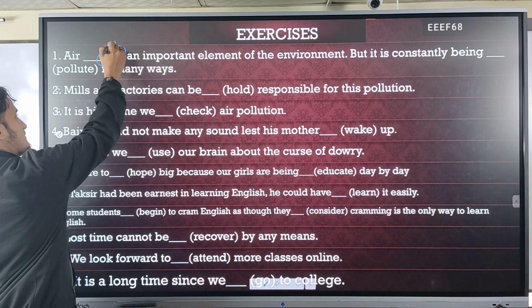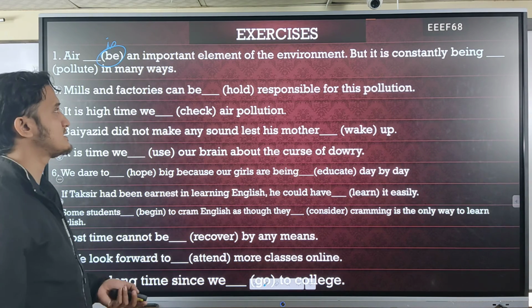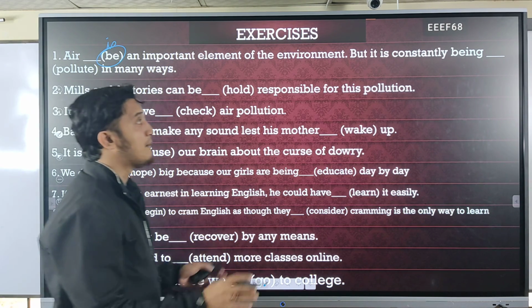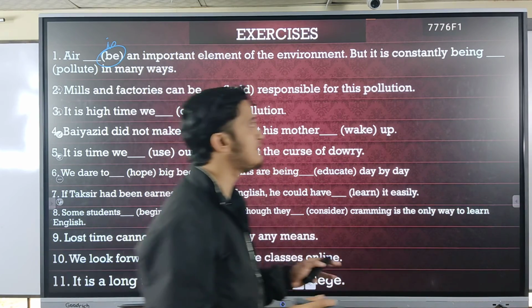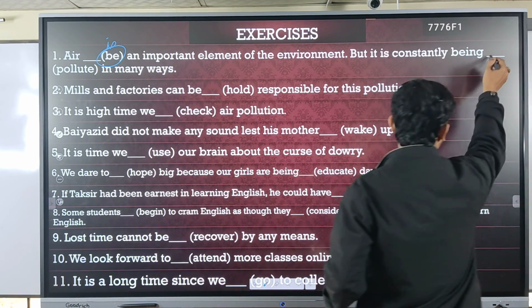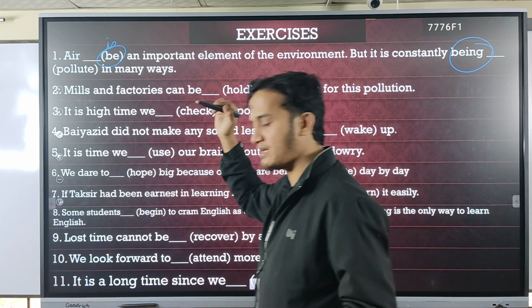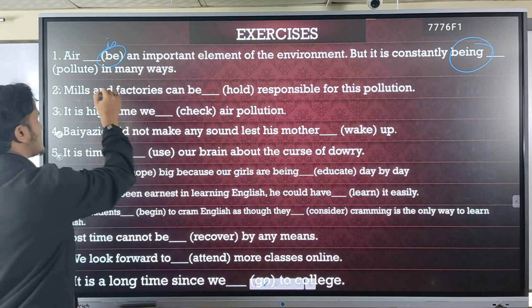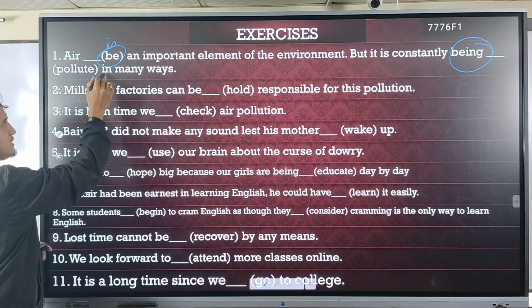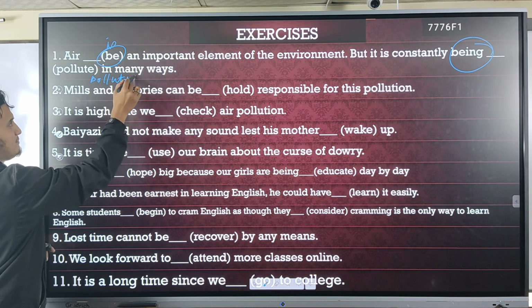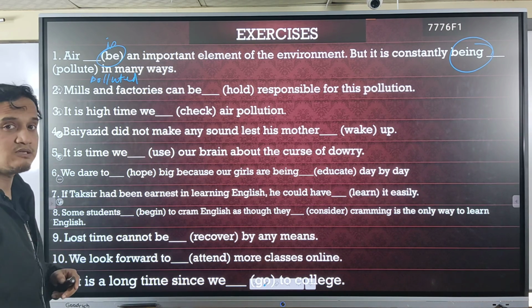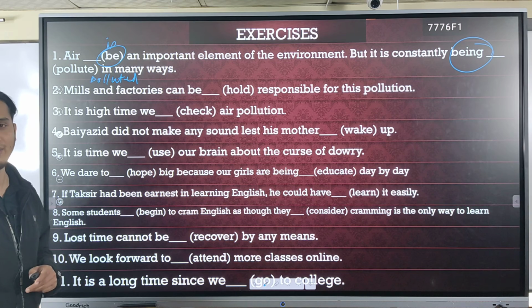Definitely in the present form. Air is an important element of the environment, but it is constantly being. আমরা being পেলাম. So what can you write? The verb should be transformed into past participle form, that means polluted in many ways.